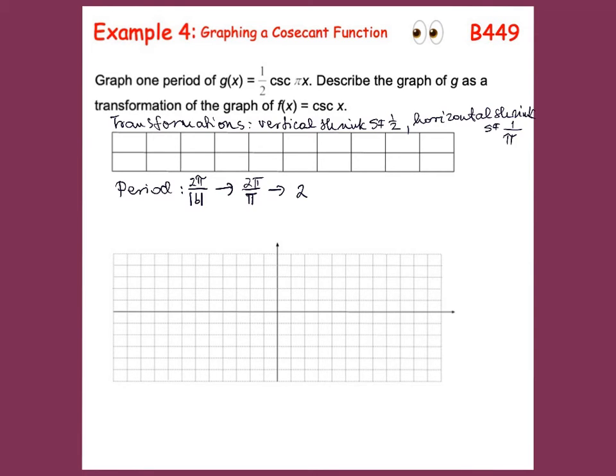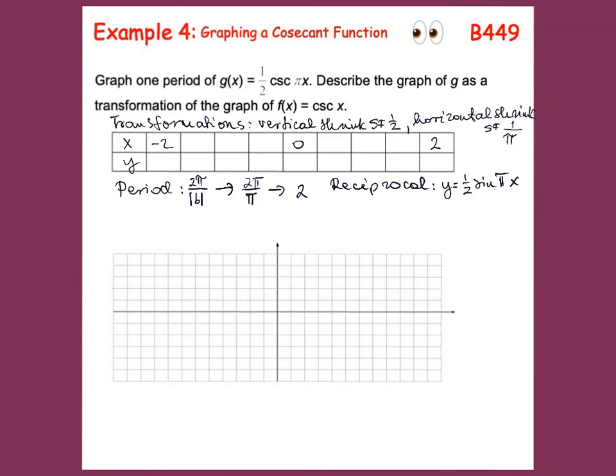So let us go ahead and put x and y, and then we are going to put 2, 0, and negative 2. And then obviously we'll graph the reciprocal function, which is y equals 1/2 sine pi x.